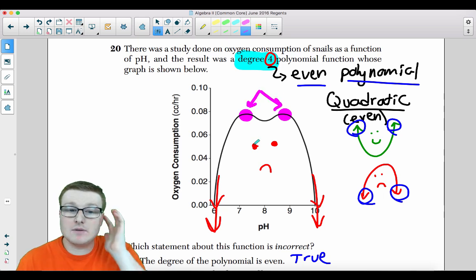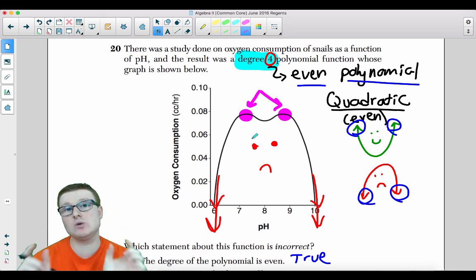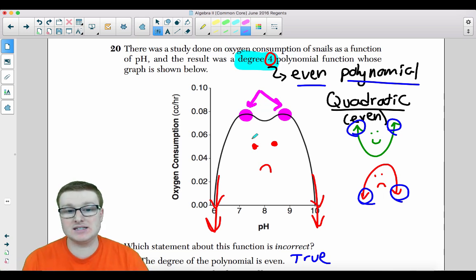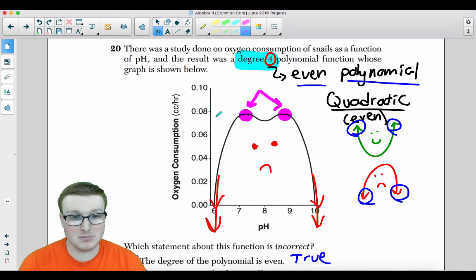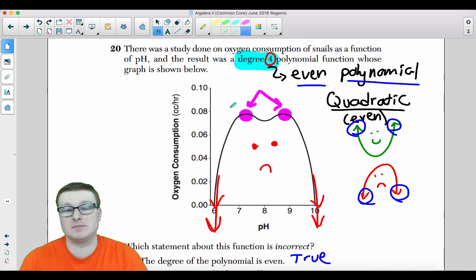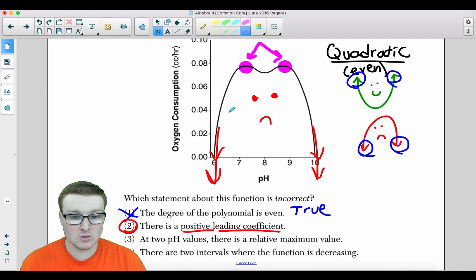Relative means that there might be 2 of the same value. An absolute maximum means that it's the highest point on the graph. These are both the same value at, like, 0.07-ish, somewhere around there. It's not 0.08, but it's somewhere around there. Okay, so that is true.